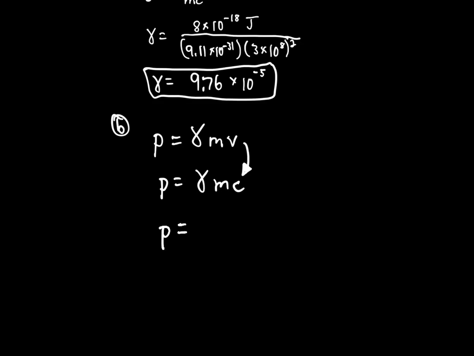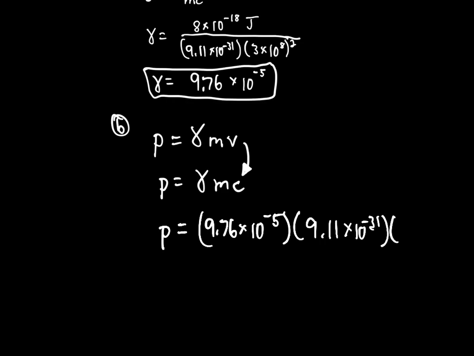So now we got P equals gamma, which was 9.76 times 10 to the negative 5, times mass. What mass? Electron. 9.11 times 10 to the negative 31, times C, 3 times 10 to the 8th.